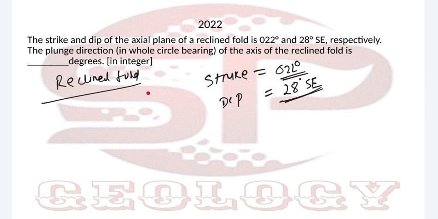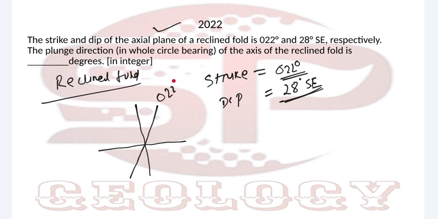So in a reclined fold, the fold axis plunges in the dip direction of the axial plane. So we have to find out the dip direction of the axial plane, that will be the plunge direction of the fold axis. Strike is given how much? 022 degrees. It will be like this.